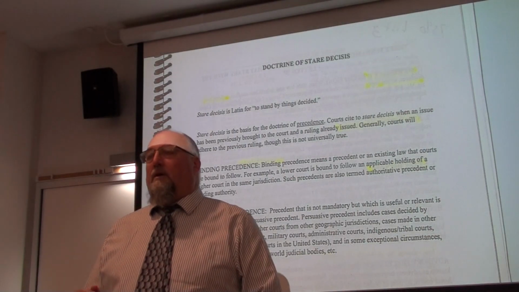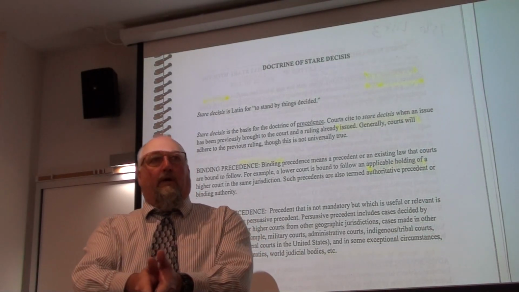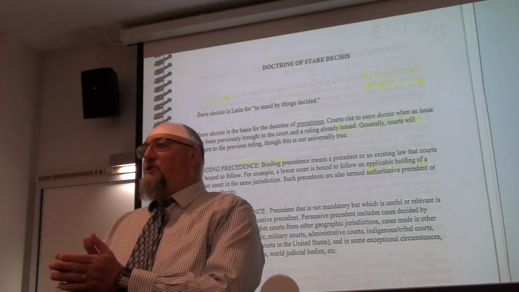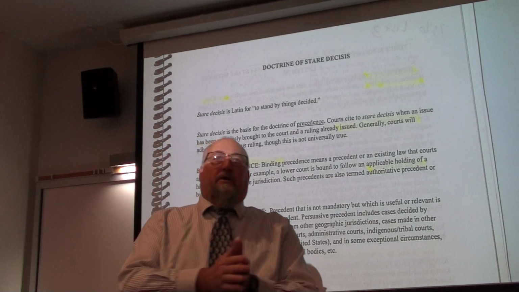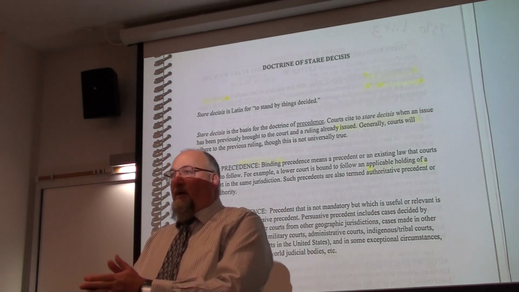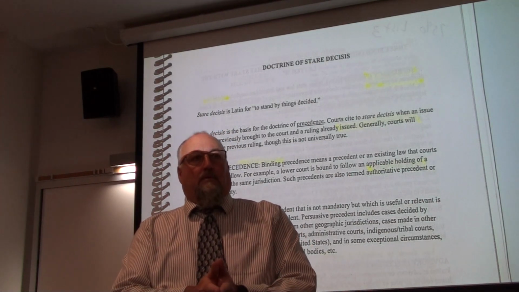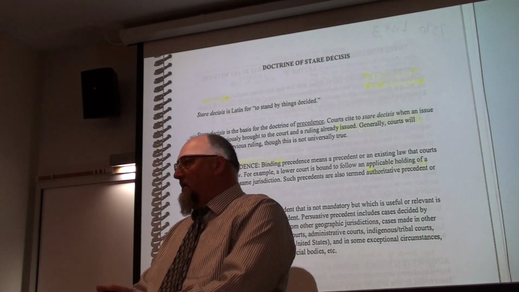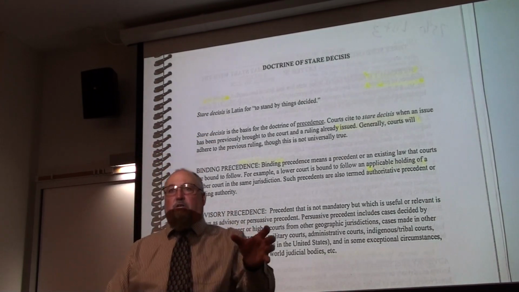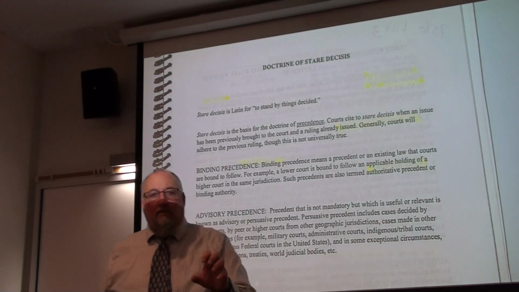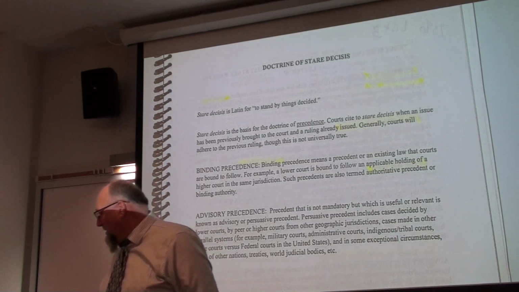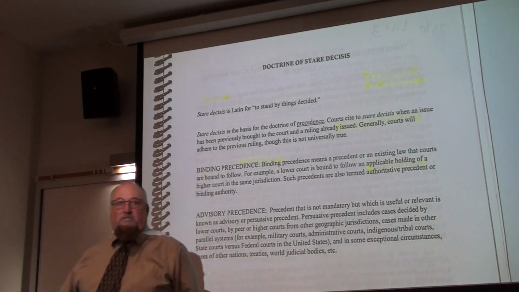Number one, if I'm a judge here in Polk County, Oregon, our court's in Dallas, the Polk County Circuit Court, and let's say there's a court case in Iowa where the court in Iowa ruled that a belt buckle is not a weapon. That's in Iowa. I'm in Oregon. The question is, do I have to follow that decision? In other words, is that decision on the very same issue binding upon me? What we call binding precedence.